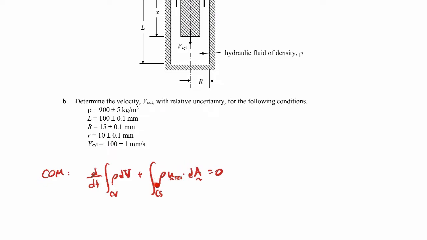And then this is the net rate at which mass leaves the control volume through the control surface. Remember that this expression is just a little bit of mass flow rate. So when you integrate it over the whole control surface, you get the total mass flow rate out of the control volume.